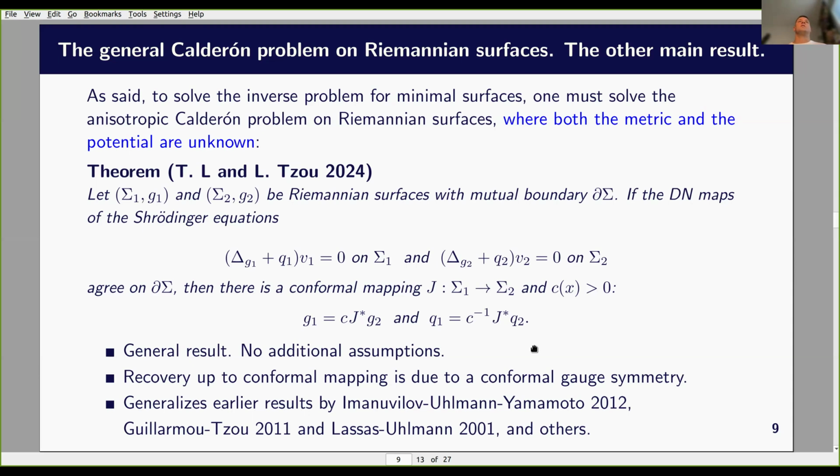Let (sigma 1, G1) and (sigma 2, G2) be Riemannian surfaces with mutual boundary.